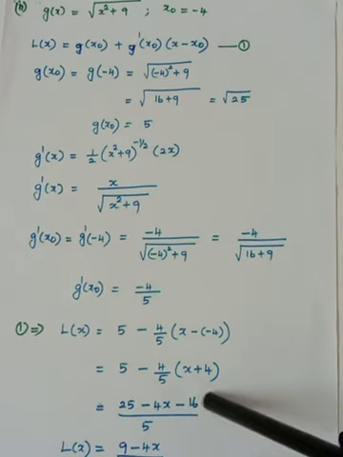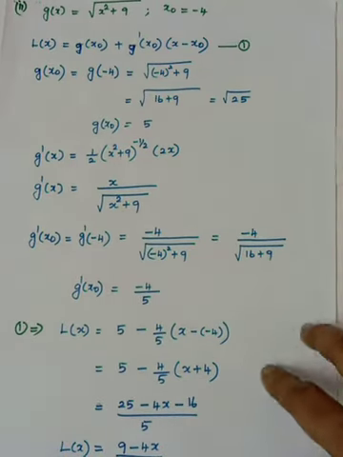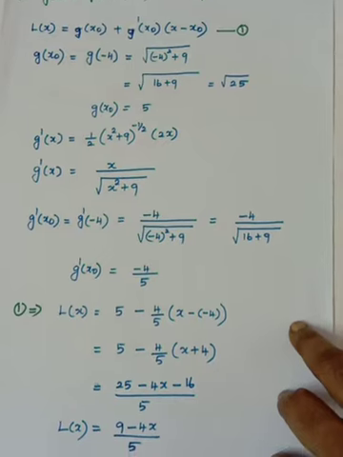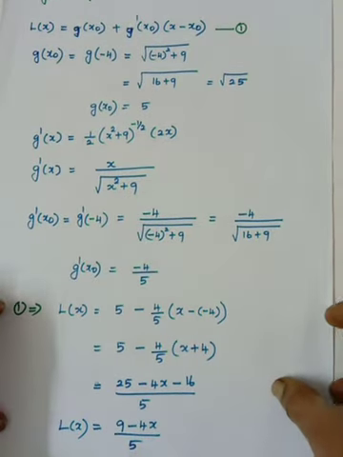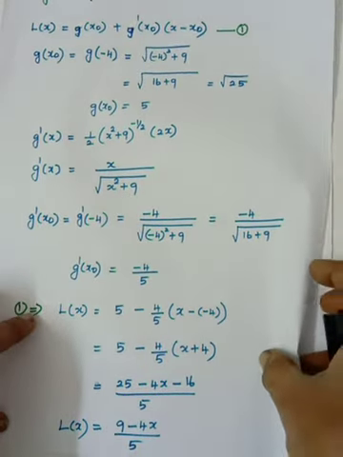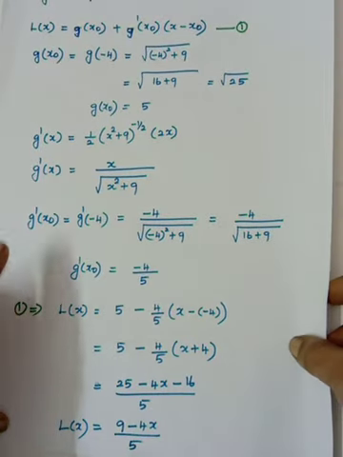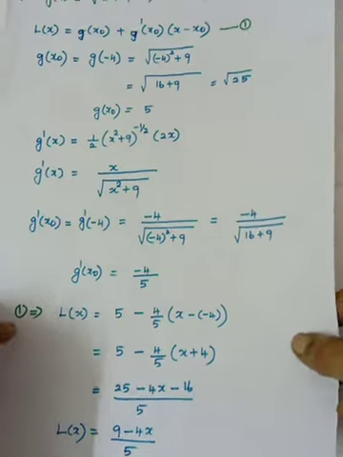So 25 minus 16 is 9. So 9 minus 4x by 5 is the linear approximation for the function g of x at the indicated point x naught equal to minus 4.